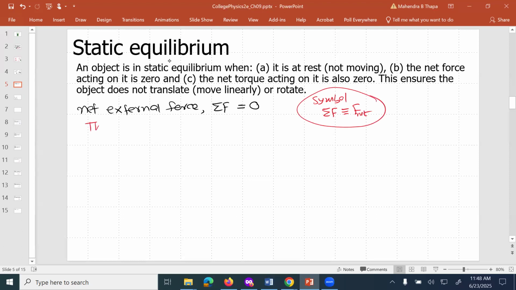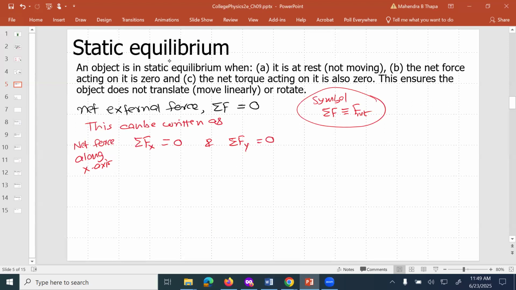This can be written as total force along x-axis is 0. So net force along x-axis and net force along y-axis is also 0.